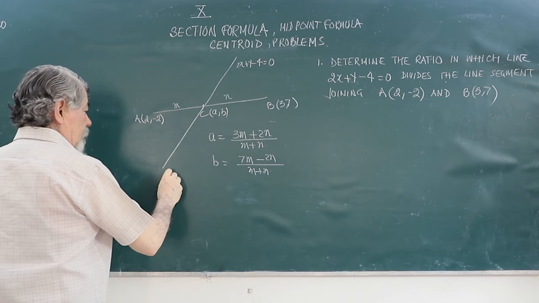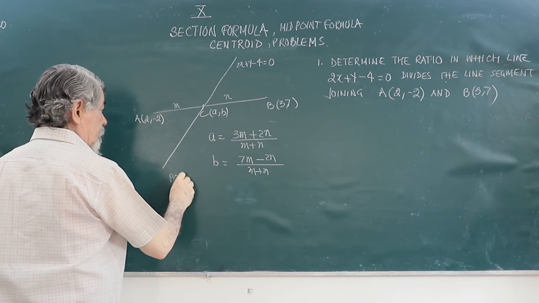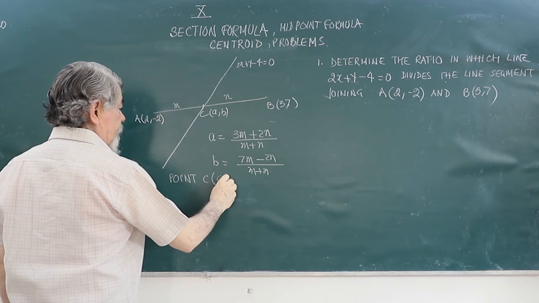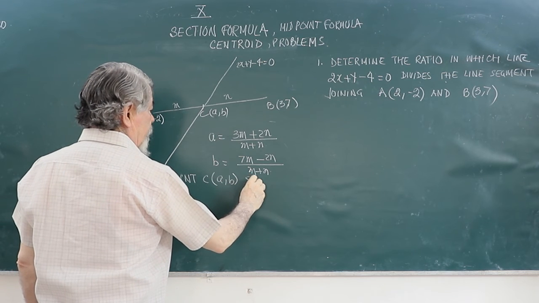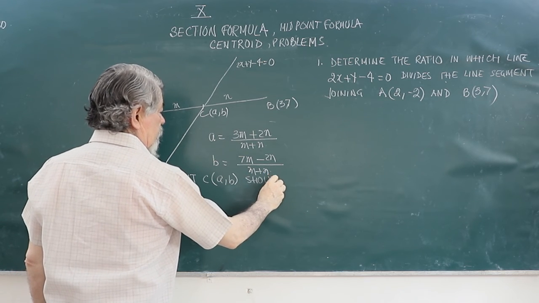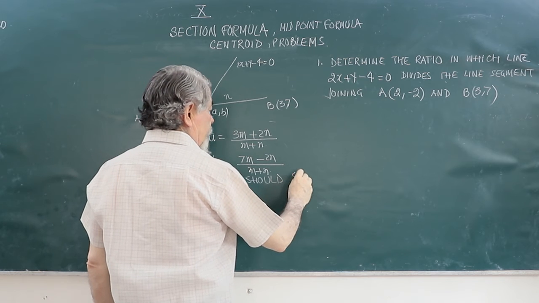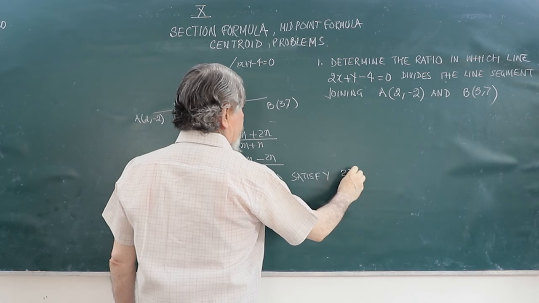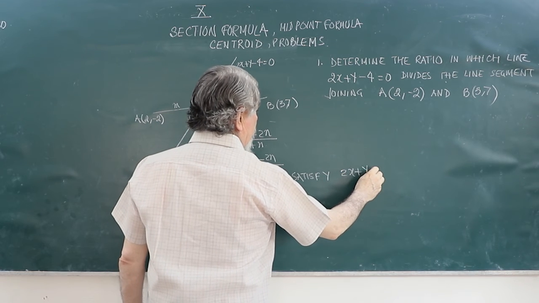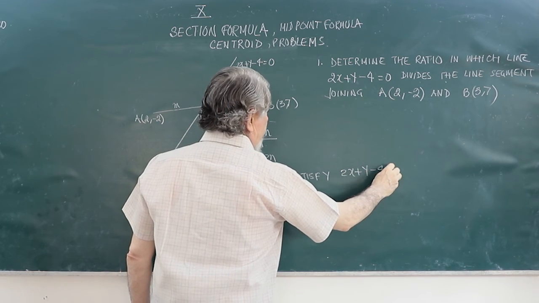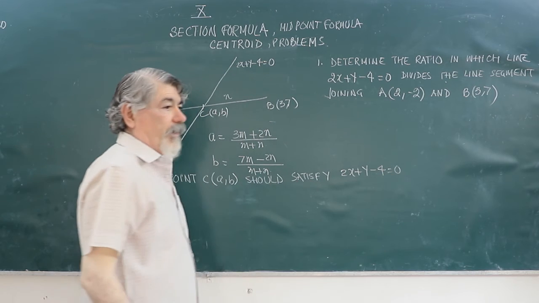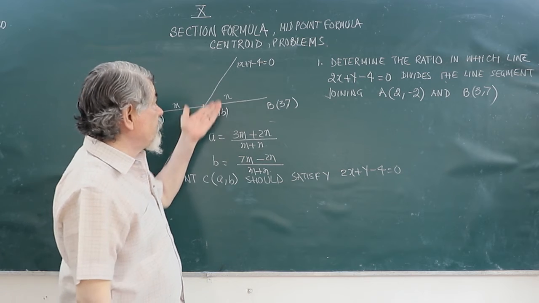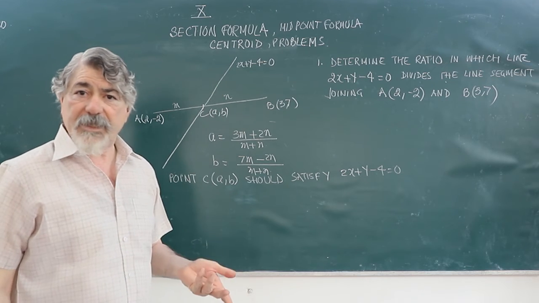Point C should satisfy 2x plus y minus 4 is equal to 0. Why should it satisfy? Because this point is lying on this line, so it must satisfy.